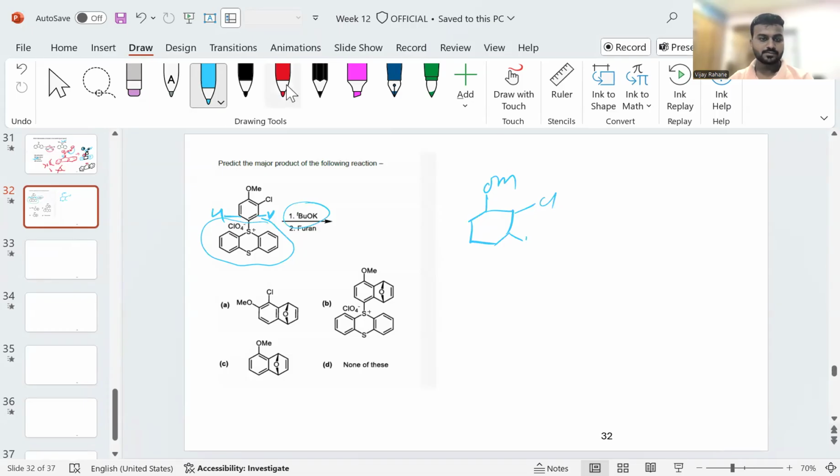Let's say this proton, highlighted in red, is abstracted, so it will form the negative charge here, and this entire group will be there. This negative charge is involved in the double bond formation, this entire group gets eliminated, and it forms the benzyne.